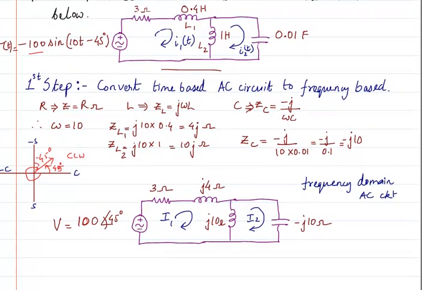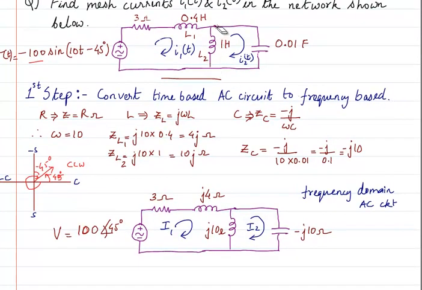Sometimes they make a small mistake: they give these values and write the voltage in phasor format. What is the problem in that case? Omega is missing. So you can never convert these henry values to j4 if the voltage is not written in this way but in phasor form. Because when you write the equation in this form, you can take out the omega value, whereas in the phasor form you are not going to have the omega value.